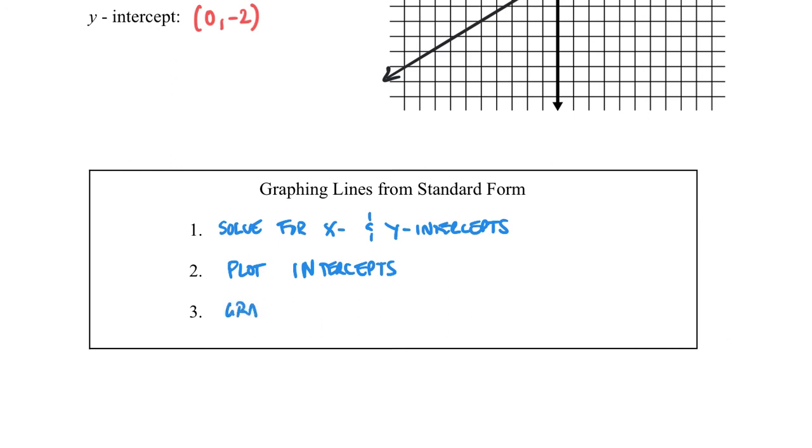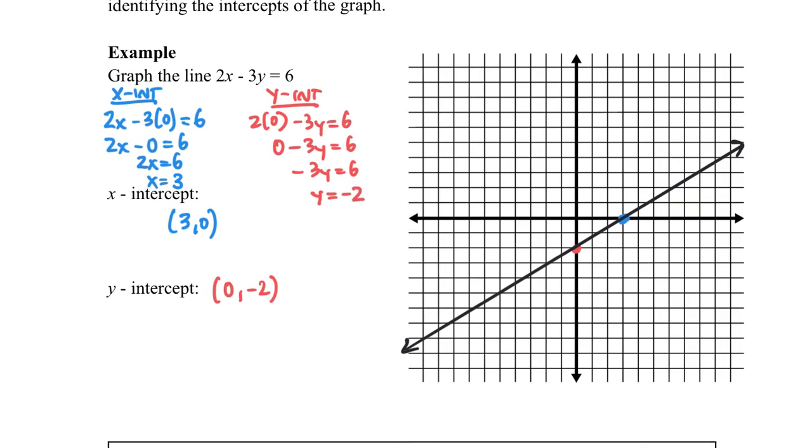Graph the line. Once again, we plug in 0 for y in order to find our x-intercept. We plug in 0 for x in order to find our y-intercept. That's all you got to do.